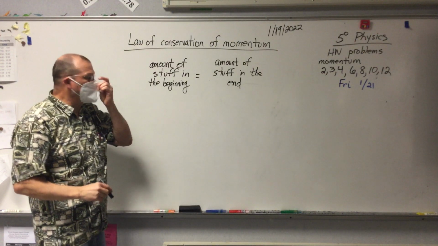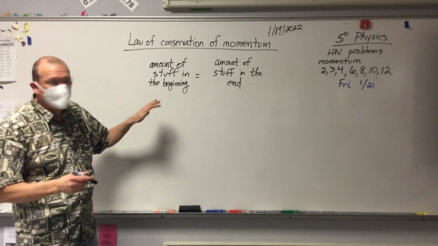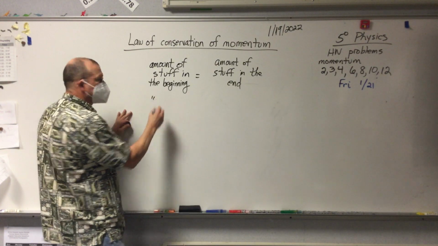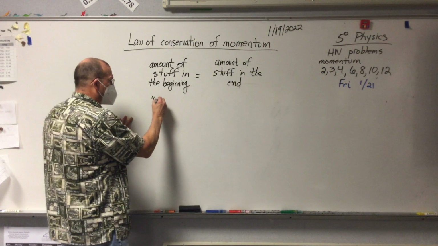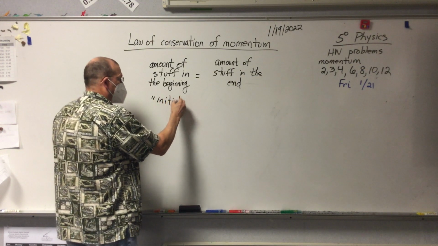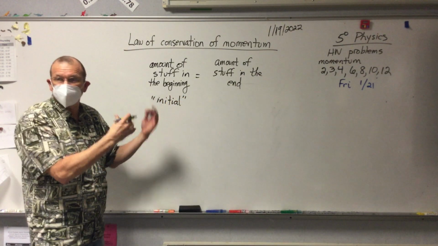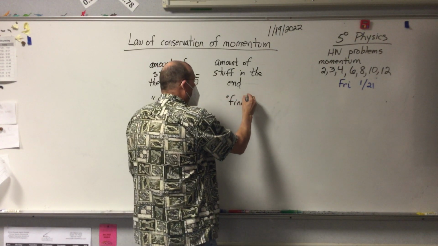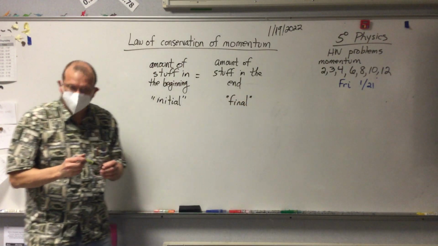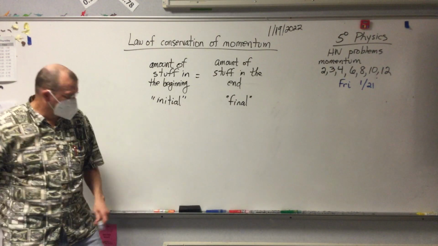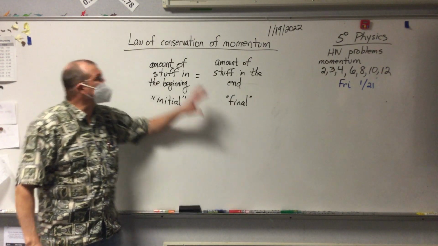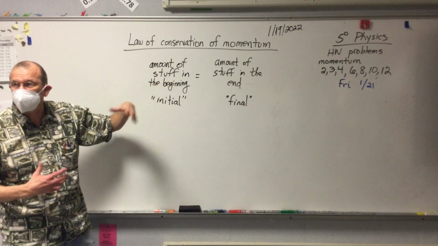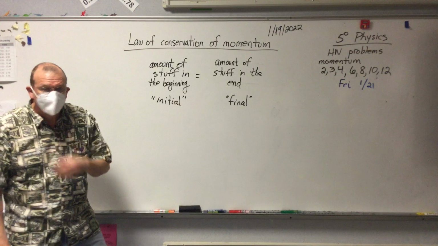And one key word that we're going to employ in this law is this idea of the beginning. This is our initial, and on the other end, this is going to be final. Now I have some other examples specifically for momentum that I'm going to bring up in a minute. But this is the idea in general of a conservation law.